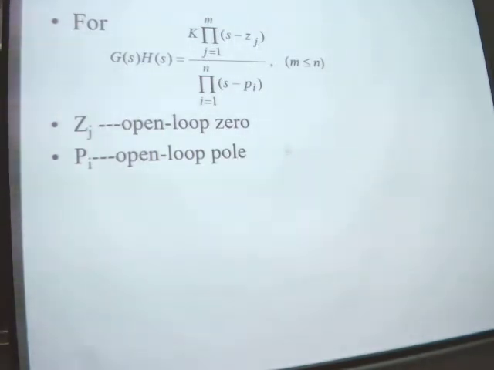For the root locus, it starts from poles and ends at zeros, that is, it starts from Pi and ends at Zj.